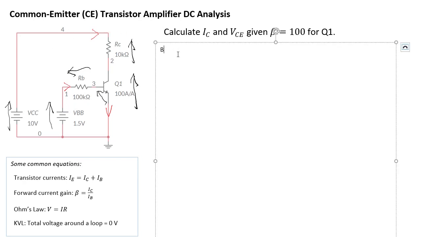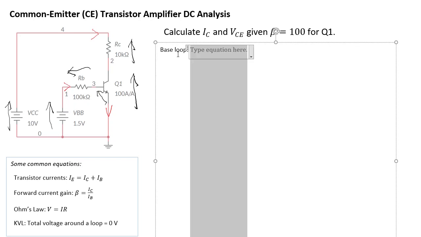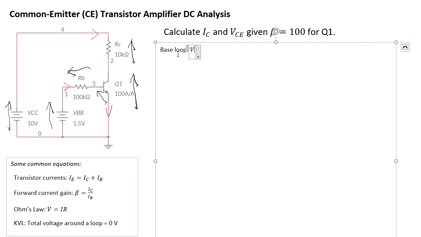I'm going to call that the base loop. The base loop is VBB equal to VRB plus VBE. That's our first equation. We actually know everything except VRB, so we can work that out straight away.